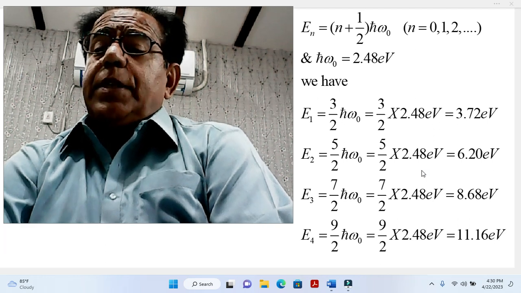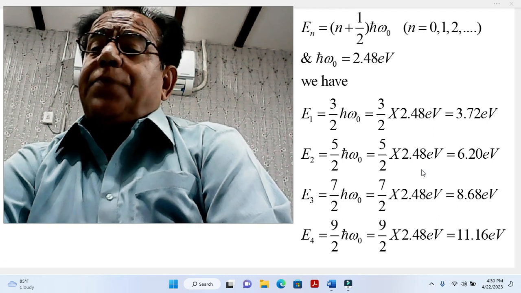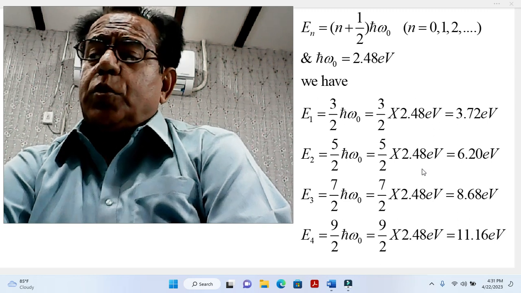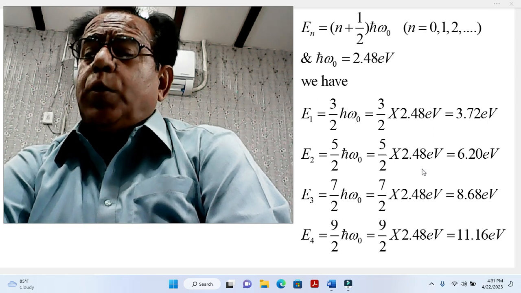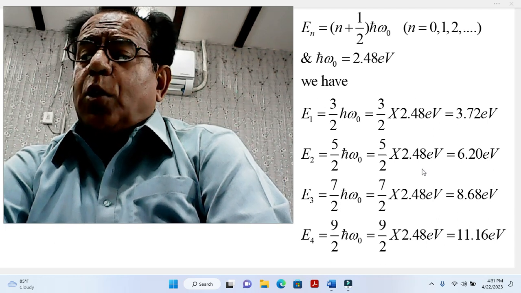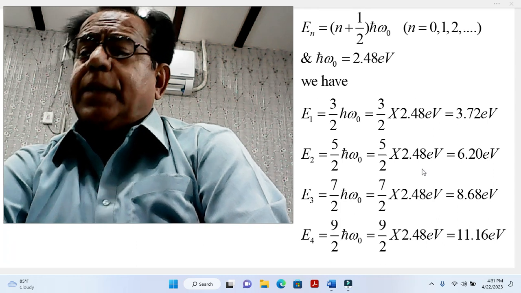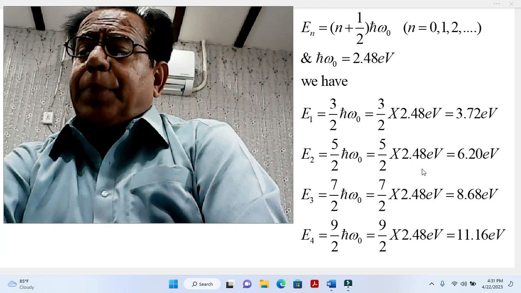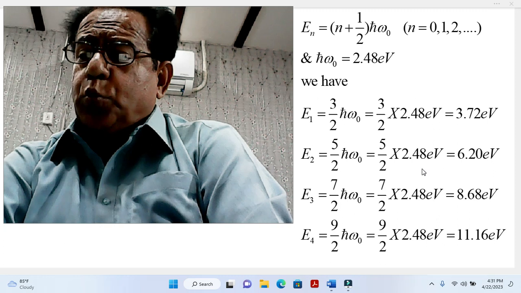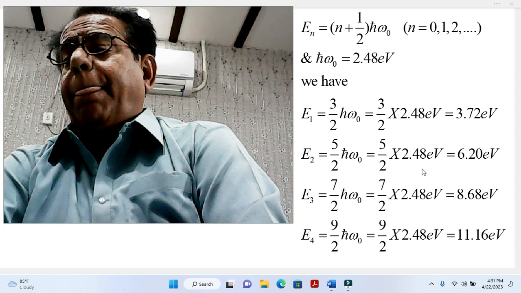For calculating E2, we know that 2 plus half is 5 by 2. So E2 becomes equal to 5 by 2 h cut omega naught. We multiply 5 by 2 with 2.48 electron volt, and hence the value of E2 will become 6.20 electron volt.